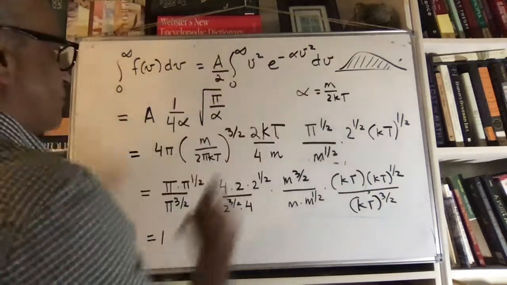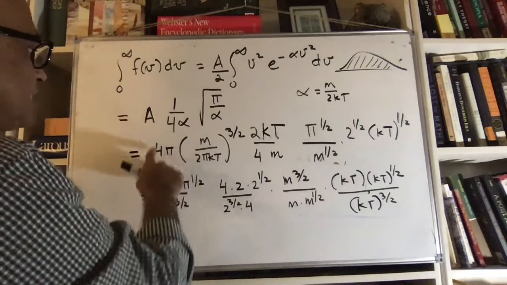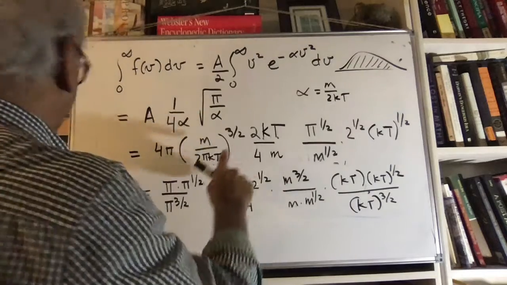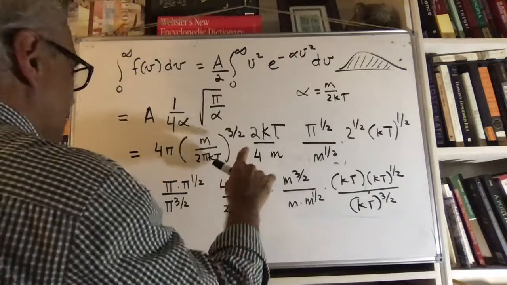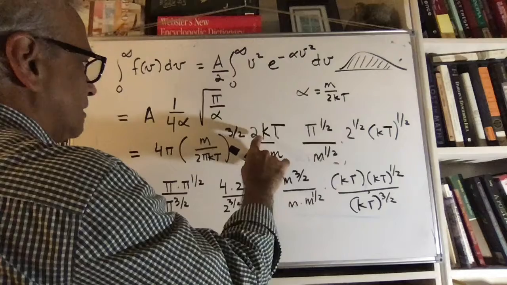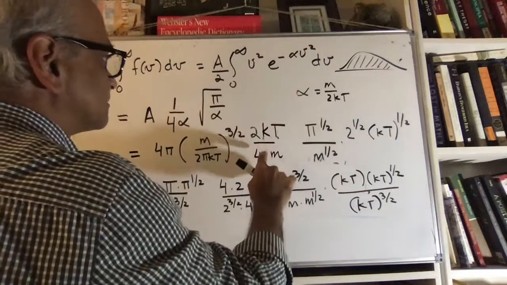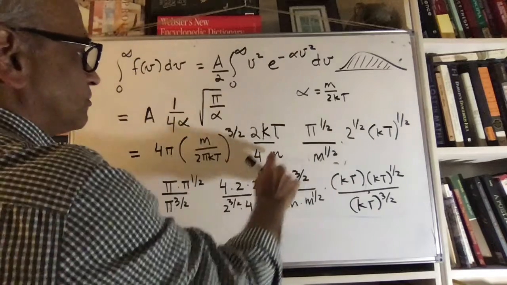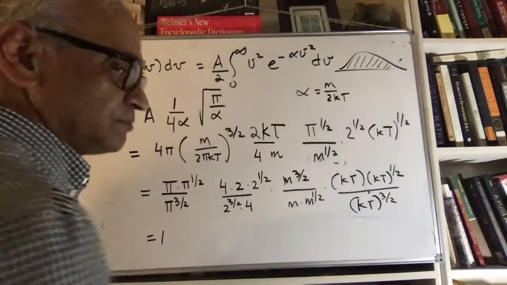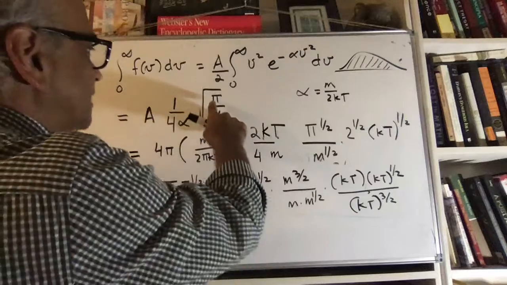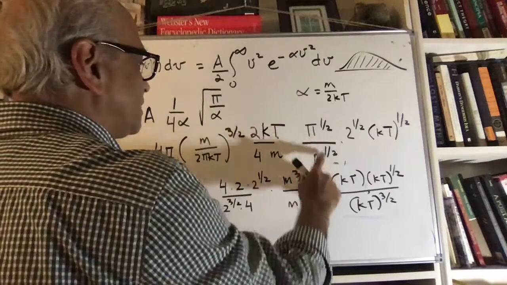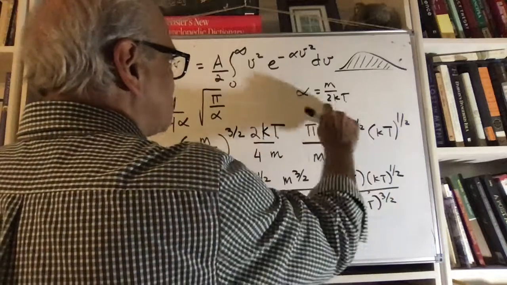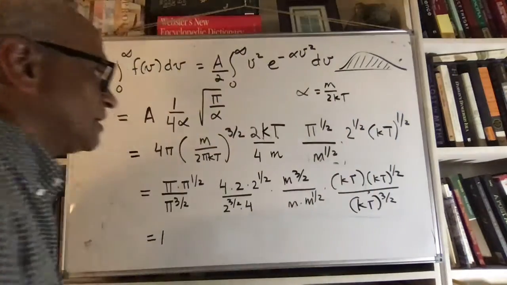So alpha is m over 2kt. So a is 4 pi, this entire mess right over here. And then you have this alpha over here, so it is 1 over alpha, so it flips, and then root pi over here, and then 1 over root alpha, again it flips, so that's 2kt goes upstairs and m is downstairs.